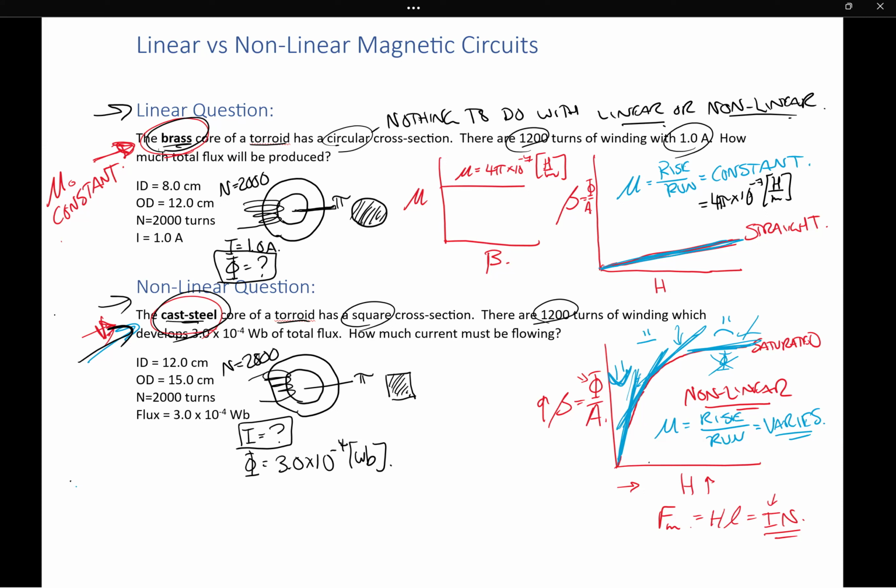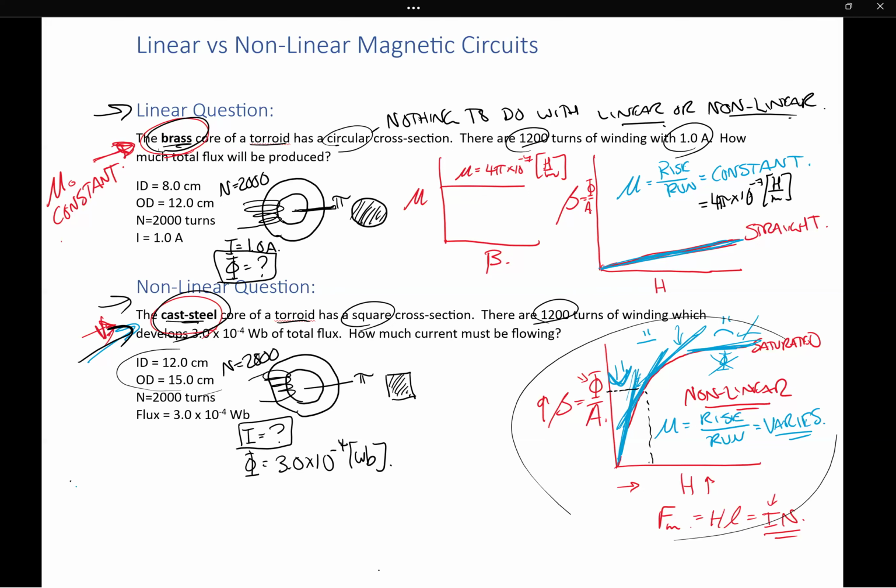Whereas this one is nonlinear, I'm going to have to find a BH curve for cast steel. I'm going to have to solve for either B or H, whichever one is easier.